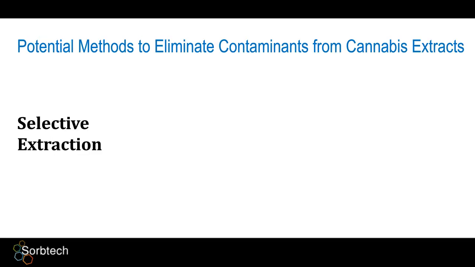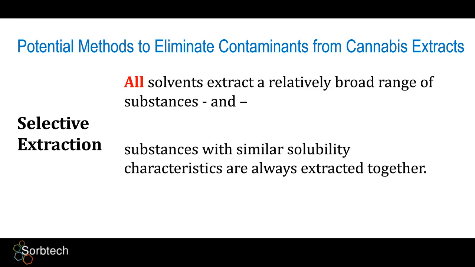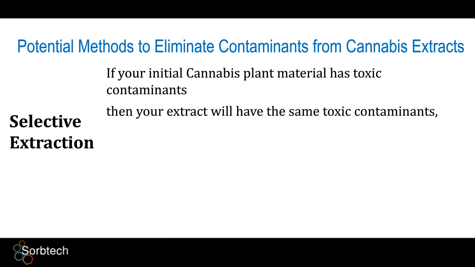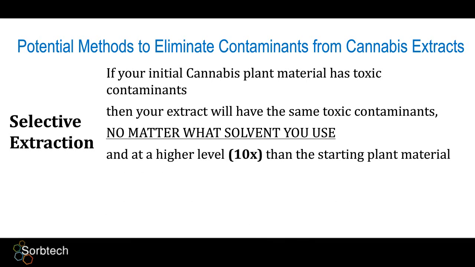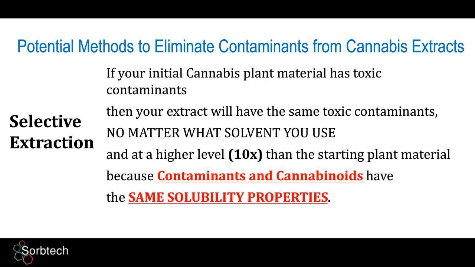The next part is selective extraction. All solvents extract a relatively broad range of substances, and substances with similar solubility characteristics are always extracted together. So if your initial cannabis plant material has toxic contaminants, then your extract will have the same toxic contaminants no matter what solvent you use, and at a higher level than the starting plant material, up to 10x, because contaminants and cannabinoids have the same solubility properties.